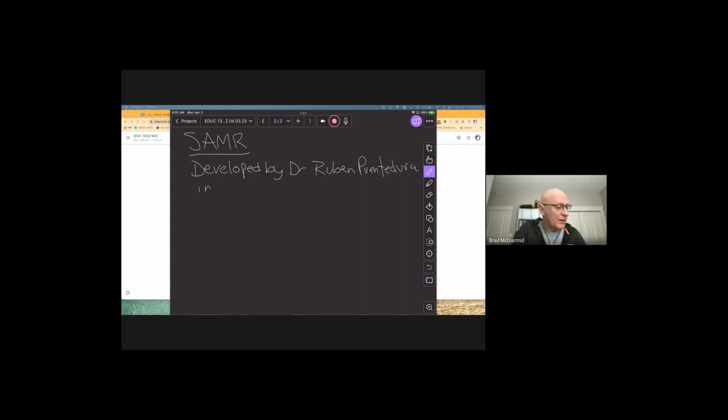As far as Bloom's or Maslow's or any of those fancy educational theories or models, this one's relatively new, right? It's 17 years old, so not even 20 years old yet. And like Bloom's, it is an important model for us to think about every single time that we want to use technology in the classroom.